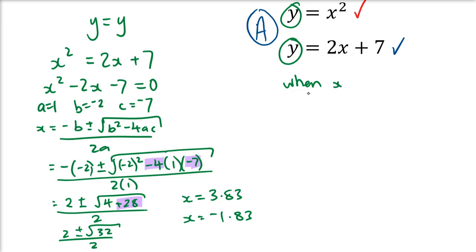When x equals 3.83, y equals 3.83 squared, because I can put it into either of these two equations. I've just said that one there is the easiest one to put it into.